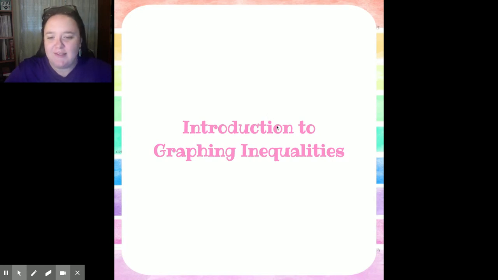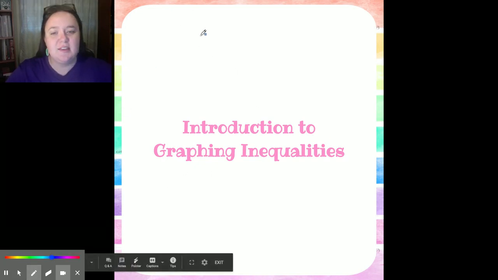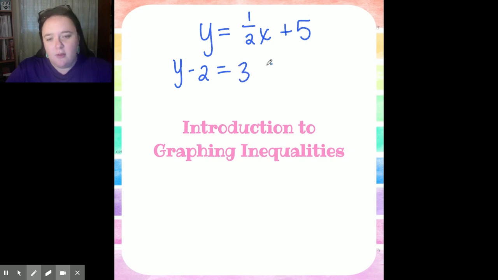I'm here to talk about some introduction to graphing inequalities. So, you've been graphing equations, right? And equations have equal signs. So, you've been seeing things like y equals 1/2 x plus 5. Or you've been seeing things like y minus 2 equals 3 parentheses x minus 4, right?